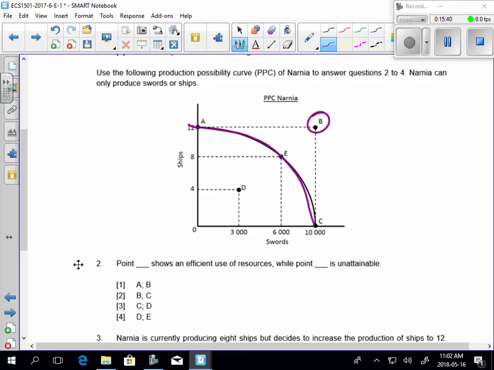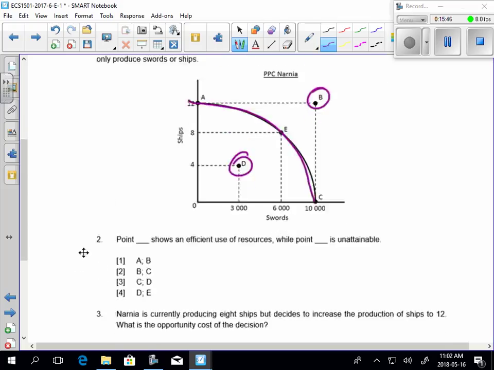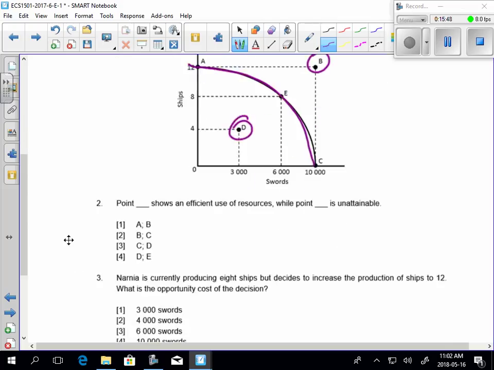Outside the PPC curve, unattainable. Within the PPC curve, inefficient. All right? So, which point shows efficient use of resources while which point is unattainable? Point B is unattainable, and point A would be efficient use of resources.